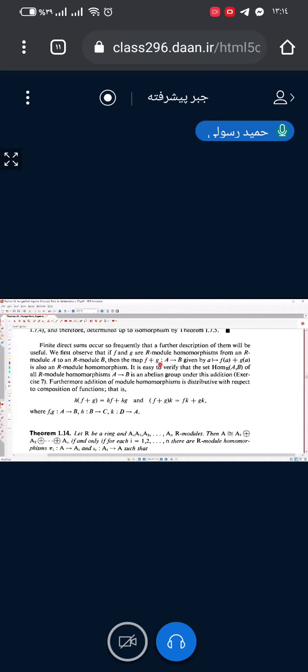This is easy to show. It is easy to verify that the set Hom(A, B) of all R-module homomorphisms from A to B is an abelian group under this addition, which is left as an exercise.